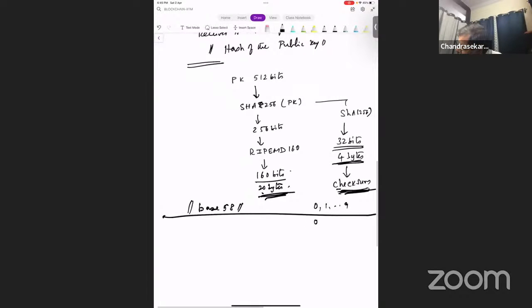In binary, 0 and 1 is okay. In hexa, you use 0 up to 9, then A, B, C, D, E, F. So I need 58 different symbols to represent the information in base 58.